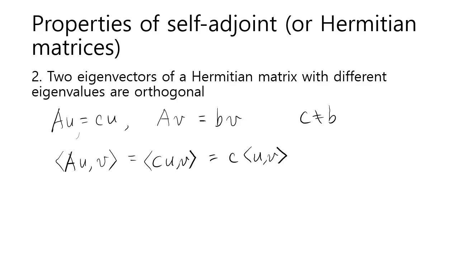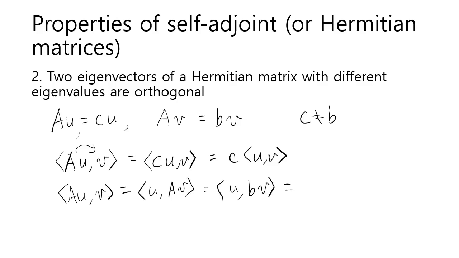Then use the property that A is Hermitian, so we move A to the other side, and you get that AUV is the same as U, AV, using the property that it's Hermitian. And then you use the fact that AV is BV. Then you can switch this around and move the B out, and the B can come outside, but it will have a bar on the top.